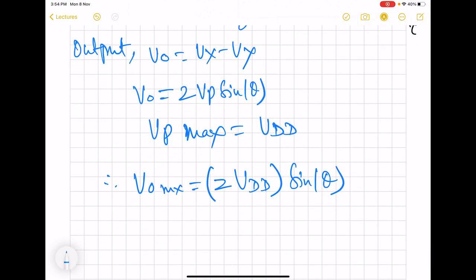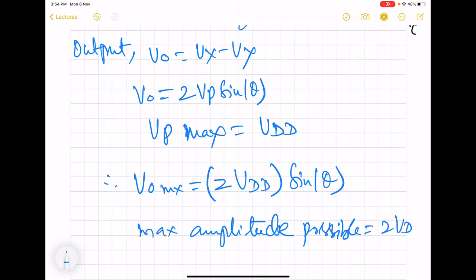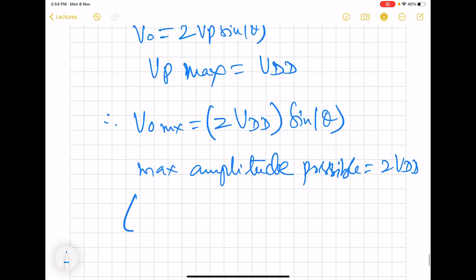So the maximum amplitude possible is equal to 2 VDD. Now, if you talk about peak to peak amplitude, then this is going to be 4 VDD.